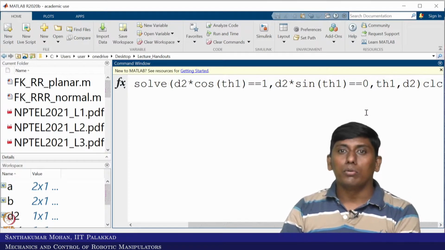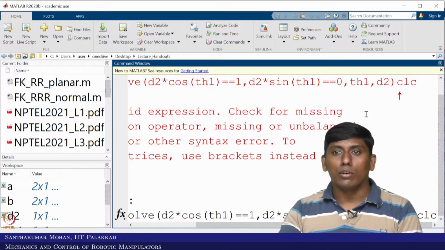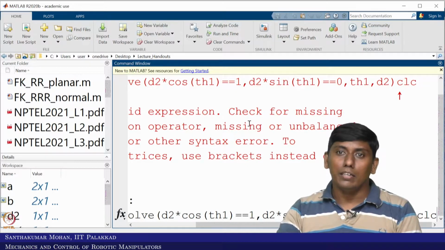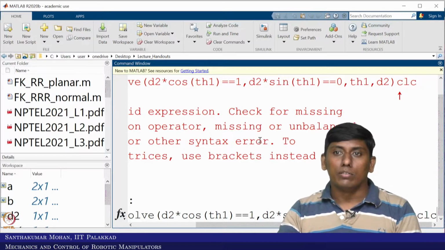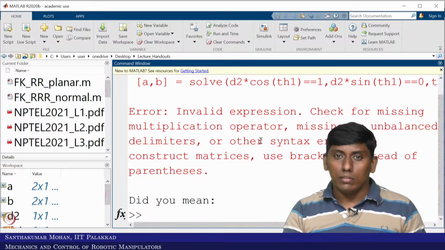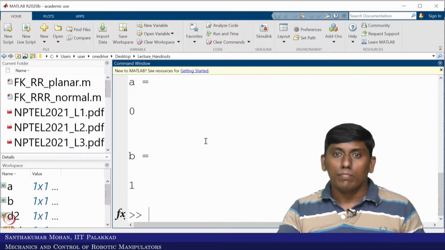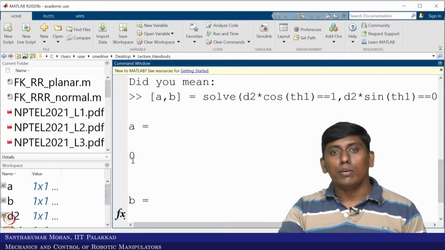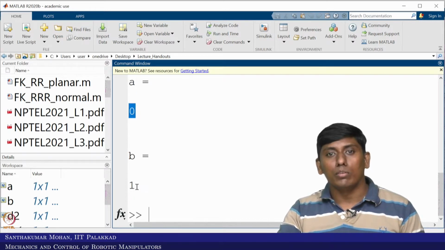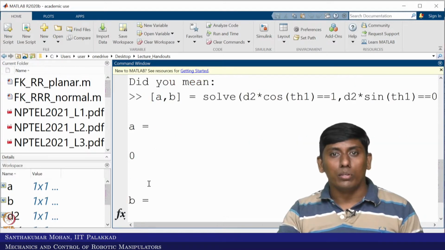So what you can expect is that d2 would be 1 and theta 1 would be 0. So will we get it or not? It is still defined as a symbol. So you can see that theta 1 is 0 degrees and d2 is 1. Like that you are getting a solution.